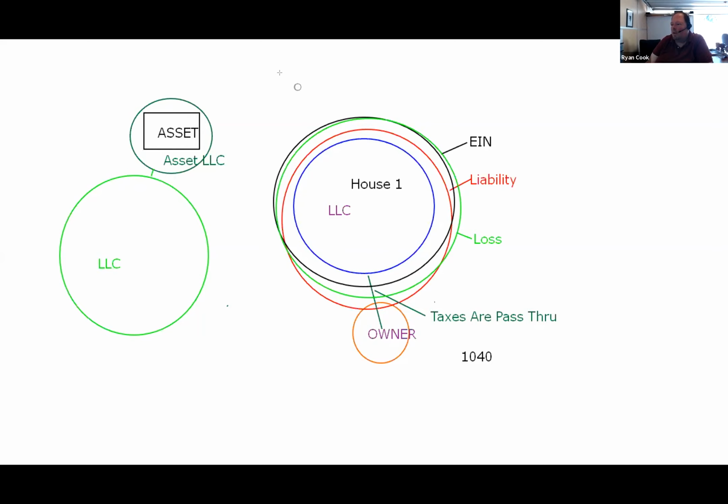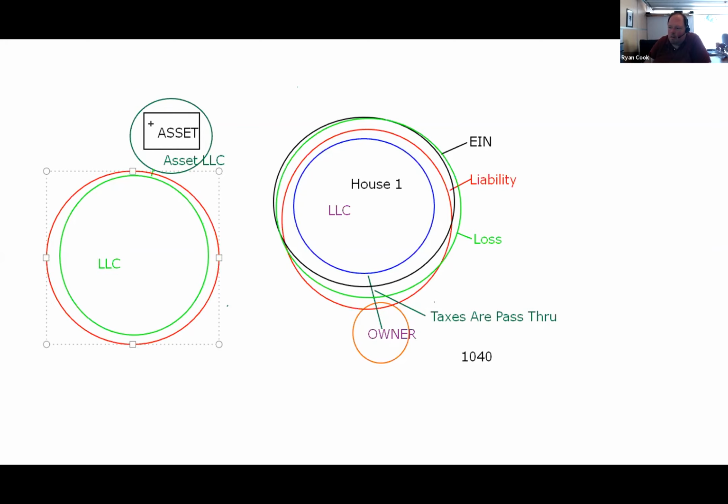Now, let's do the fun part. Let's draw our circles. Okay? LLC's liability, where does it fall? Within the green line. Right. I got to move it a little bit, but right there, right? Now, let's draw the liability circle for the asset.